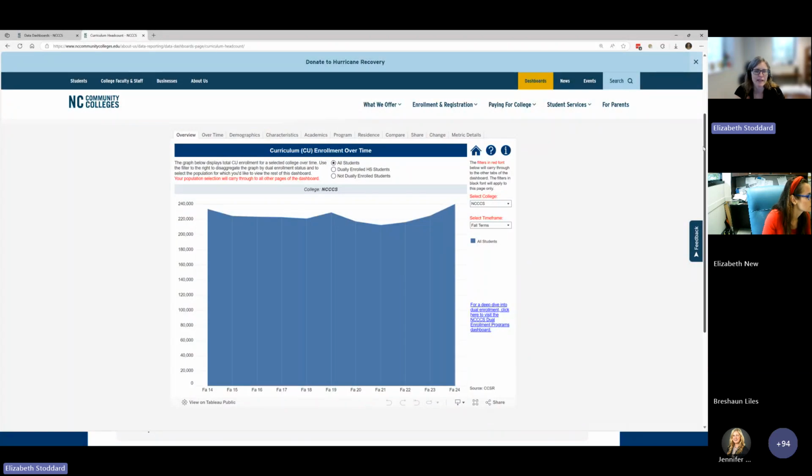So particularly when we're looking at enrollment or FTE, we get these data sets from all of our colleges in the CCSR, CE Reg, and ICR flat files that you all send us after the semester is over. So our dashboards are very good for looking at what's happened, and that's what I'll be showing you today.